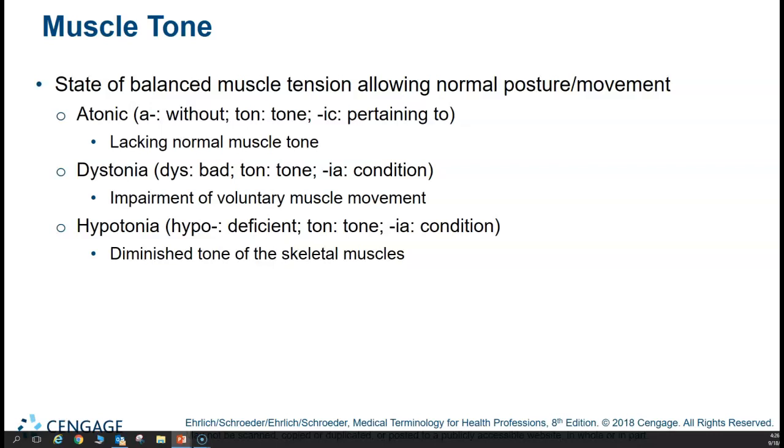Dystonia is going to be a condition of bad tone or impairing of voluntary muscle movement because the tone of the muscle is not good. And then we have hypotonia as well, and that is a deficient condition of low muscle tone or deficient muscle tone.